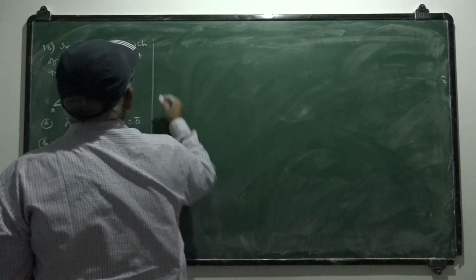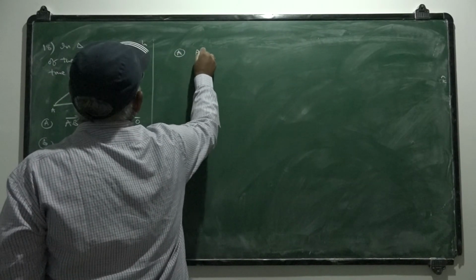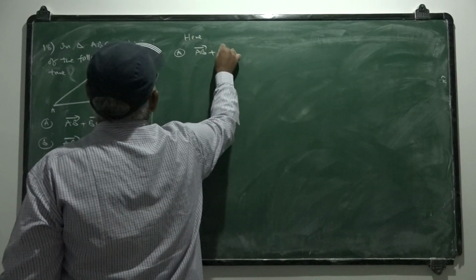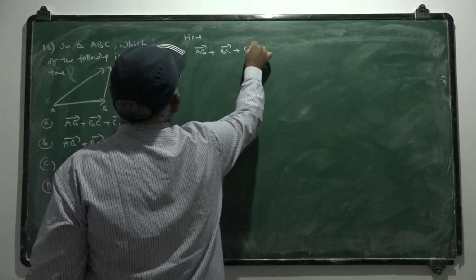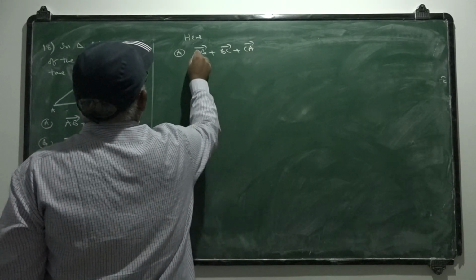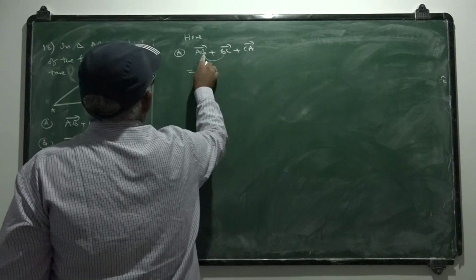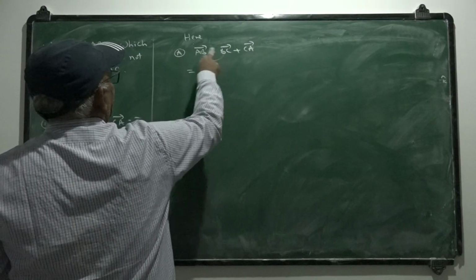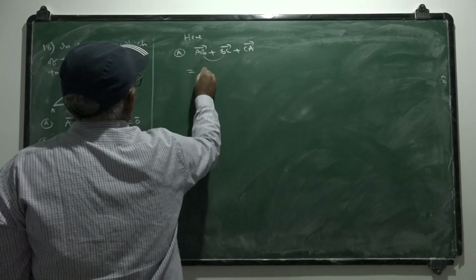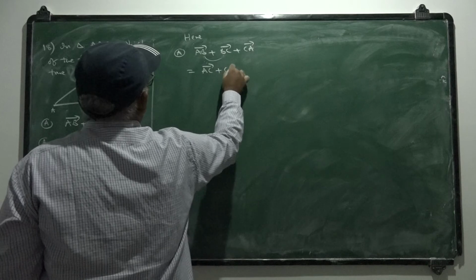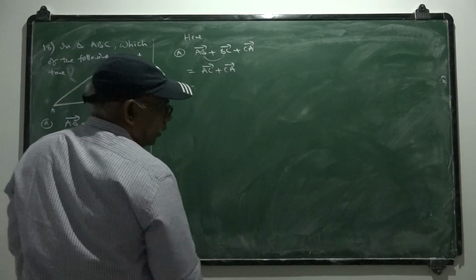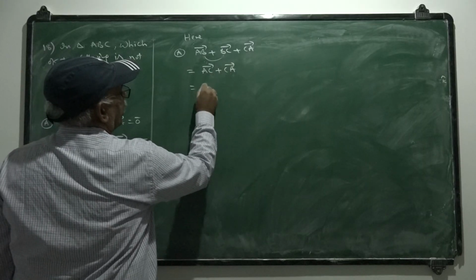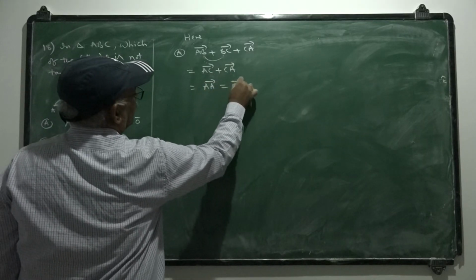Now let us take the first case. AB bar plus BC bar plus CA bar: the end of this vector coincides with the head of this vector. Hence, on joining these two vectors, you can write AC bar. Again, by vector addition, AC bar plus CA bar may be written as AA bar, which is clearly 0 bar.